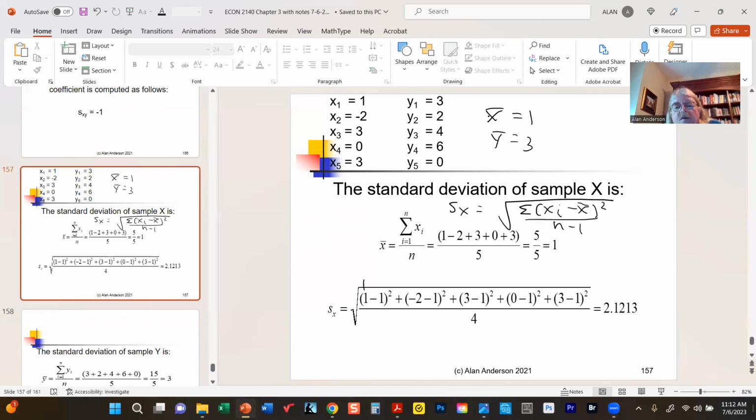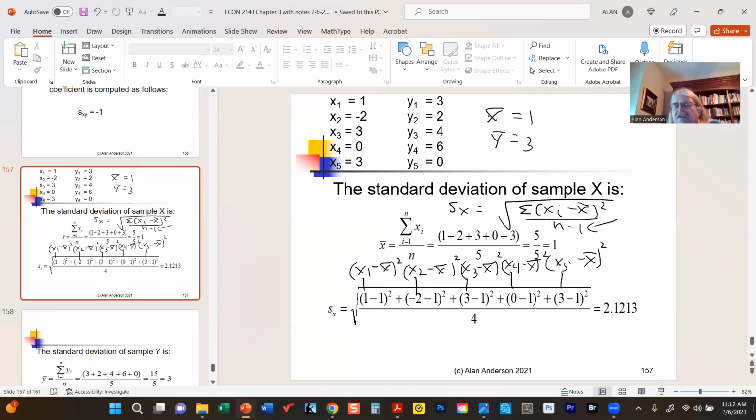You're going through, in each case, you take your X, you subtract the mean, then you square the term, add them up, and then divide by, and since this is a sample, you notice it's n minus 1.